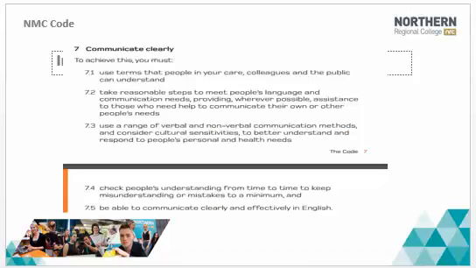And so we're relying on nurses from other countries to come in to staff the NHS. However, the code says we've got to be able to communicate clearly and effectively in English. So we have a problem there, and this is a bit of a dilemma that we face here.